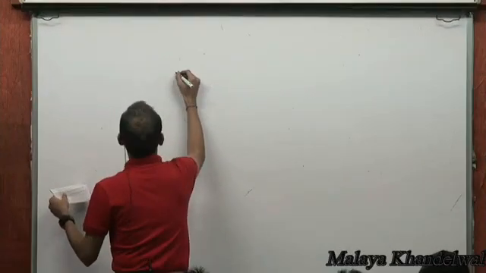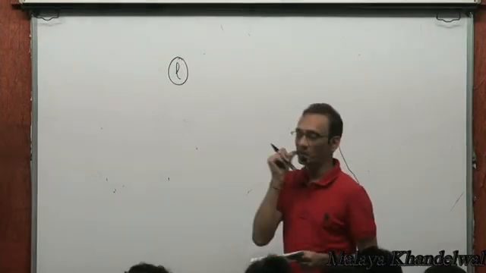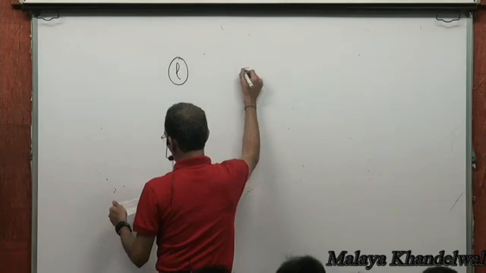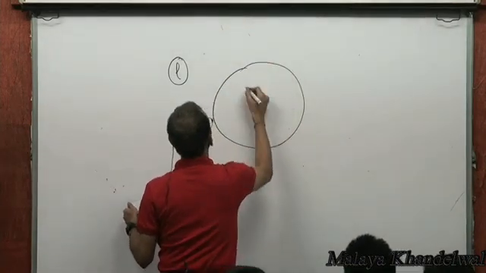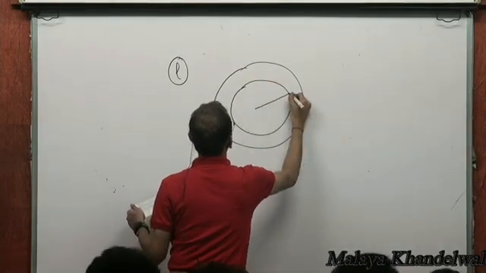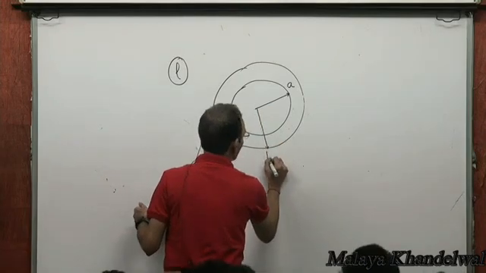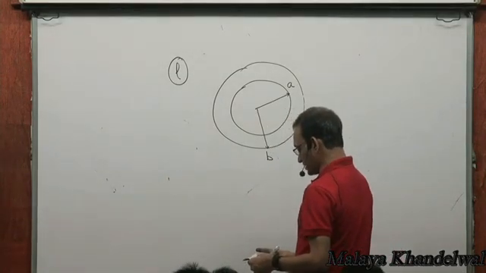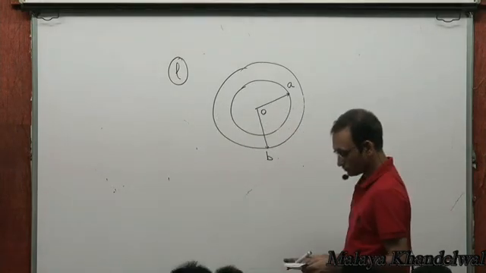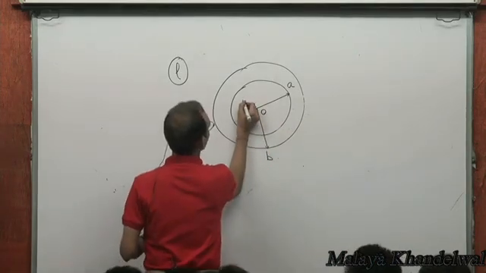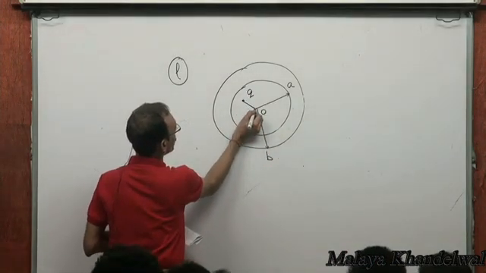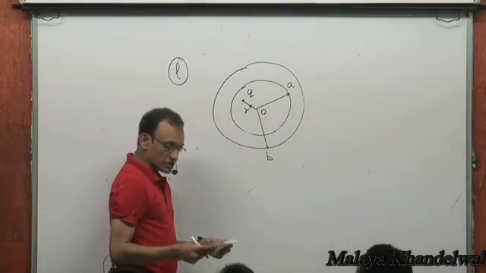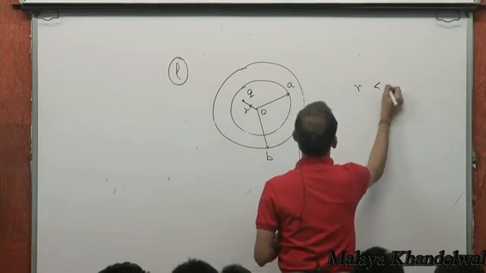Now, let me look at L. There is an uncharged spherical conducting layer having inner radius A and outer radius B. Find the potential at the center O if a point charge q is kept at a distance r from O, such that r is less than a, that means it's in this region.